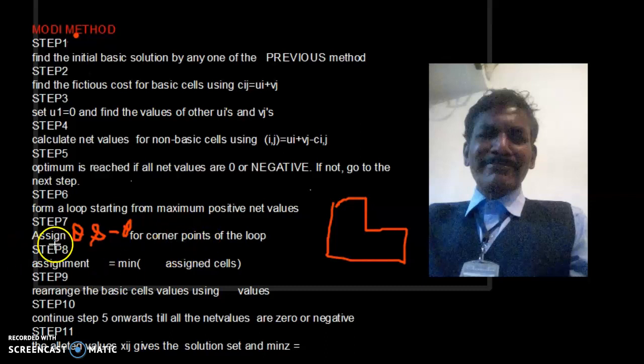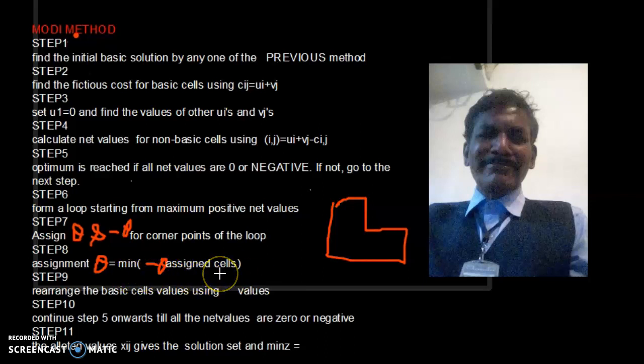Now the eighth step: we have to assign the value for theta. How to assign the value? We have to look at the minus theta assigned cells. What is the minimum of the assigned values? The minimum of the assigned values, that is very important.